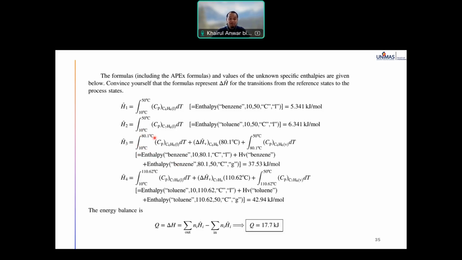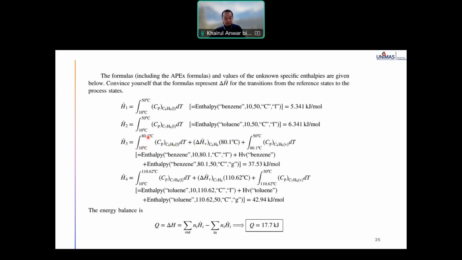Because for delta HV, the heat of vaporization, when you want to change a phase from liquid to vapor, you need delta HV. Vaporization of benzene occurs at 80.1 degrees C. That's why we increase the values here from 10 to 80.1.